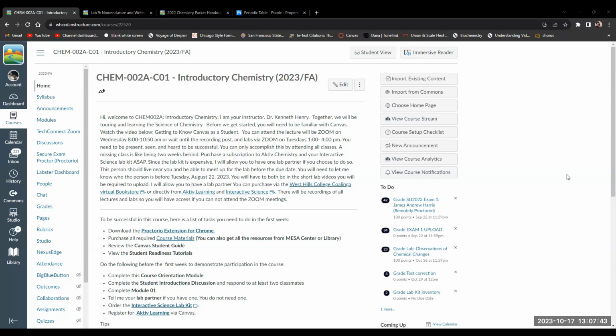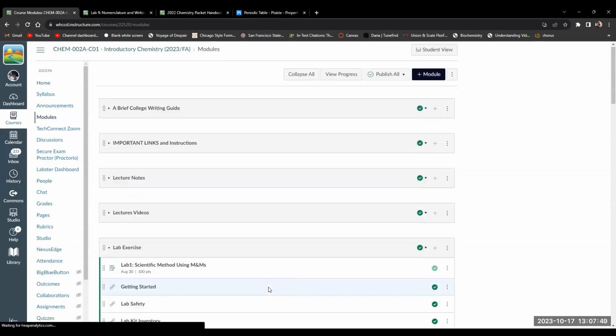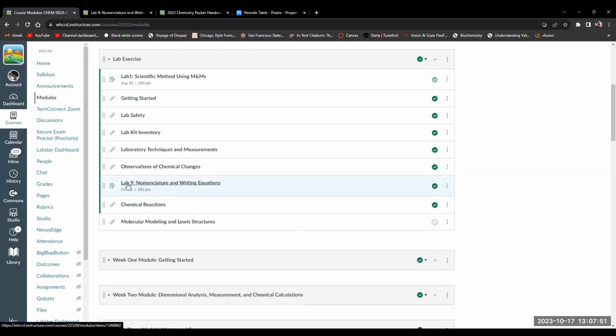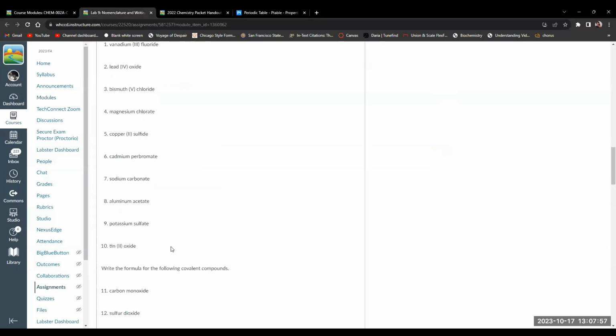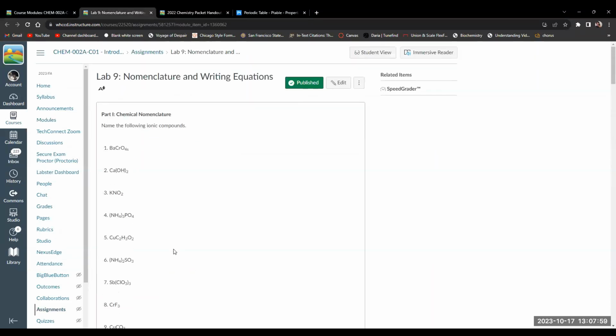Okay. So for today's lab, go to modules, and then it's this one, Lab 9, Nomenclature and Writing Equations. When you open it, it should look like this.